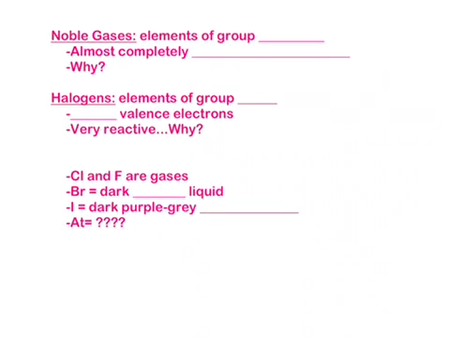So that brings us to our noble gases. These are the elements of group 18, and they are very unreactive. That means that they are not going to react chemically, and this is because they have a full S and P block. They're completely full. There's no missing electrons.